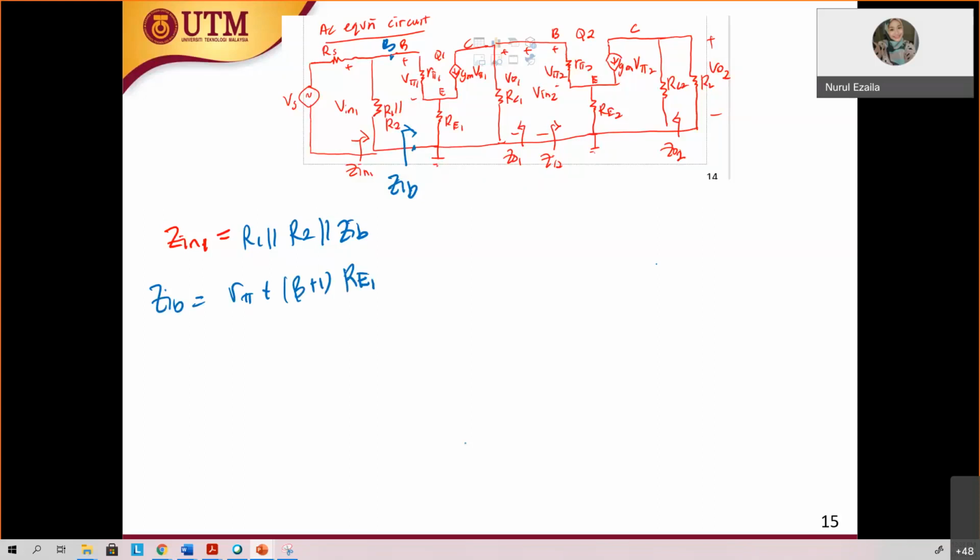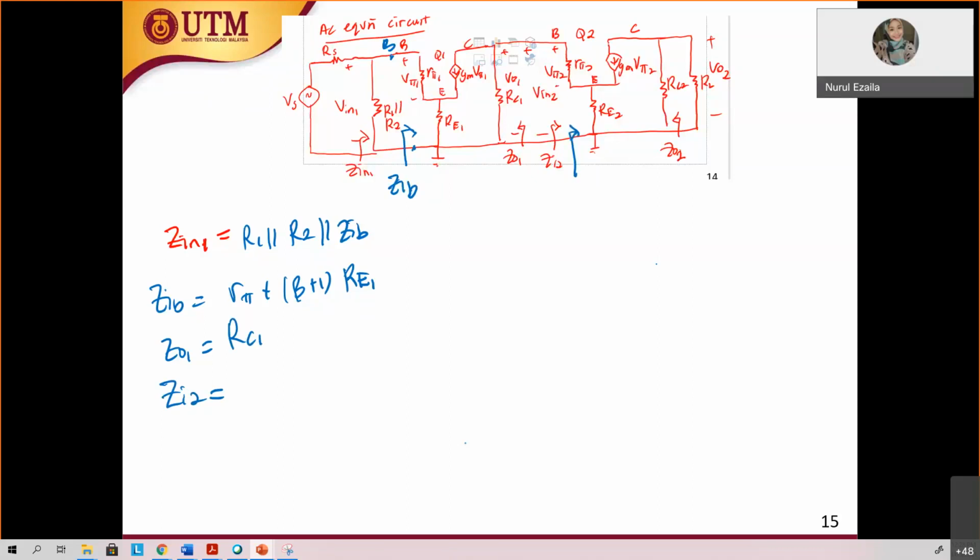For Z out 1, it is more straightforward. Since this is common emitter, it is equal to RC1. Z in 2 is the same thing over here.